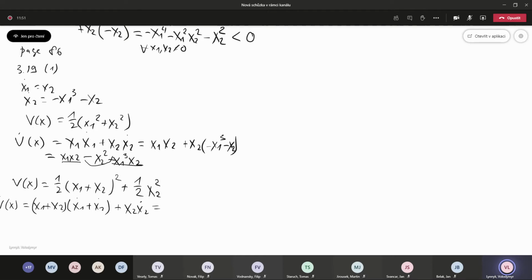It's equal to (x1 plus x2) times (minus x1 cubed minus x2 plus x2), and x2 dot is equal to minus x1 cubed minus x2, and it's equal to minus x1 to the fourth degree minus 2 x1 cubed x2 and minus x2 squared.